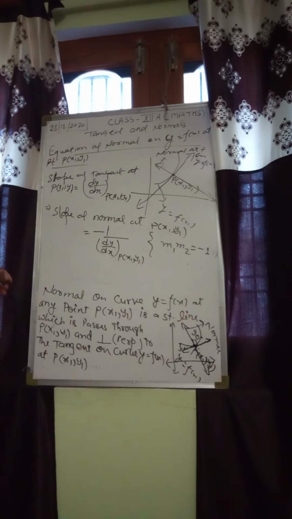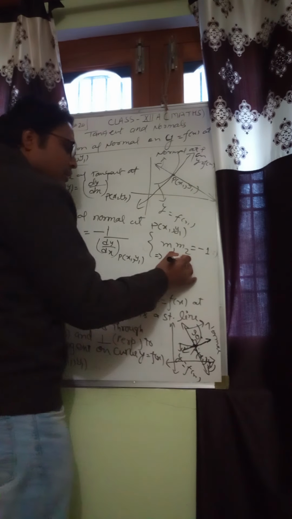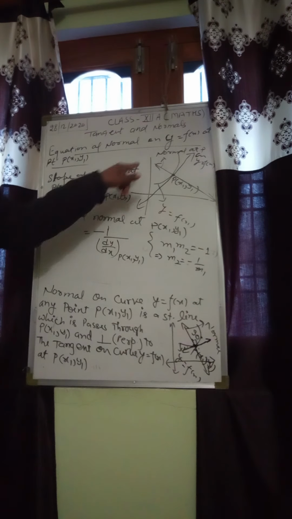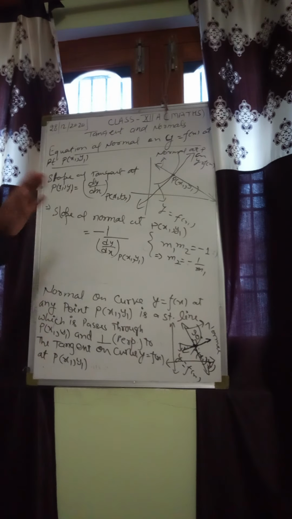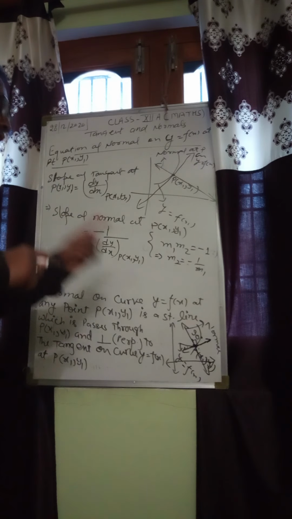That's why if you want to find the slope of the second line, it will be -1 by the slope of the first line, and in this case the slope of the tangent is dy/dx at P(x1, y1). Then slope of the normal will be -1 upon dy/dx at P(x1, y1).